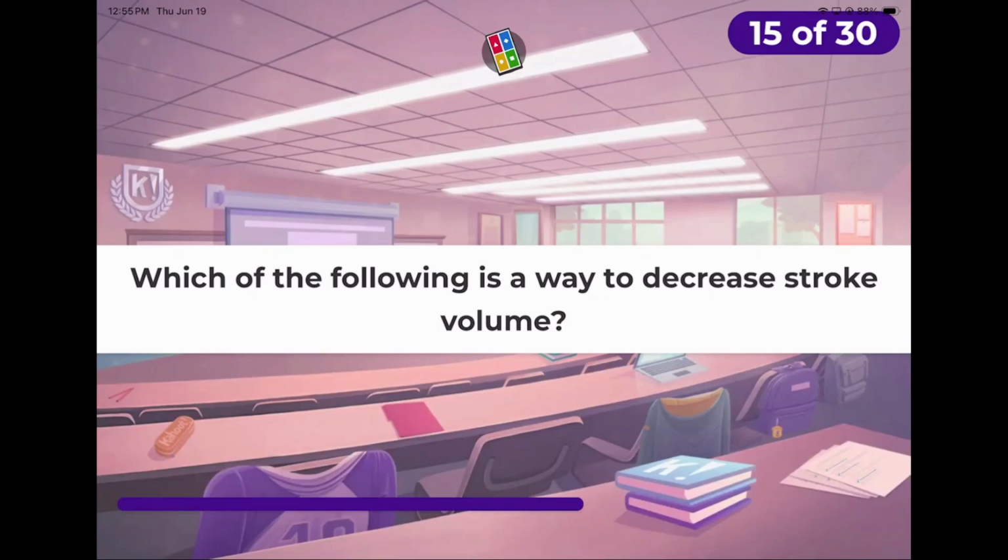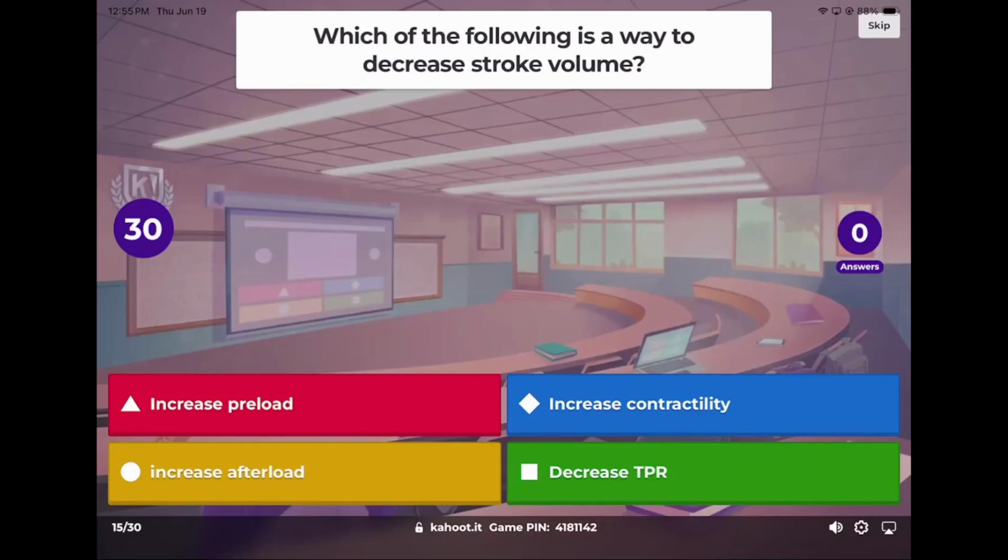Which of the following is a way to decrease stroke volume? If I increase the preload, what's going to happen to my end diastolic volume? Increases. If end diastolic volume goes up, what happens to your stroke volume? Goes up.